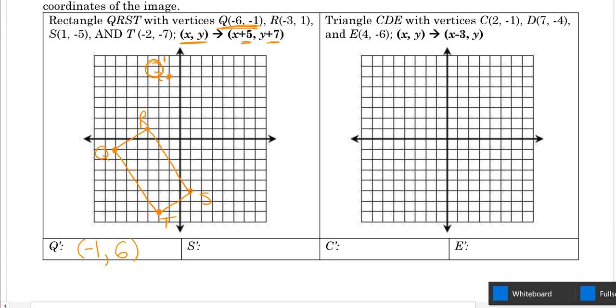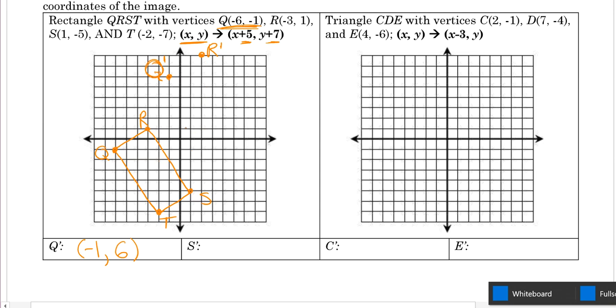If I did not want to do it the mathematical way, I could take my second pre-image R, and I could count right 5 spaces. So 1, 2, 3, 4, 5, and then up 7. 1, 2, 3, 4, 5, 6, 7. And I would get that the image of R, R prime, would be right there.